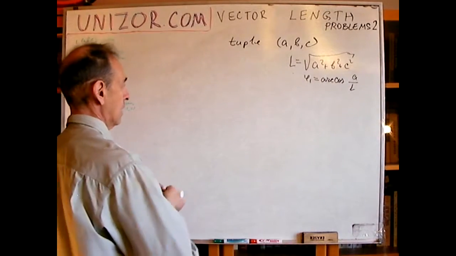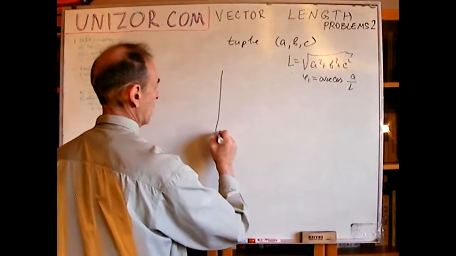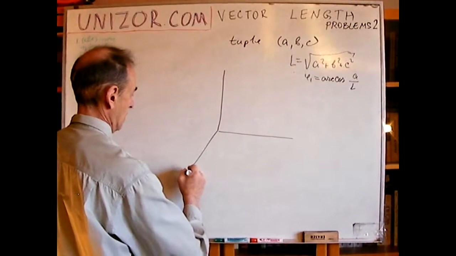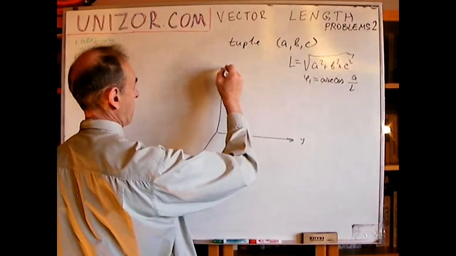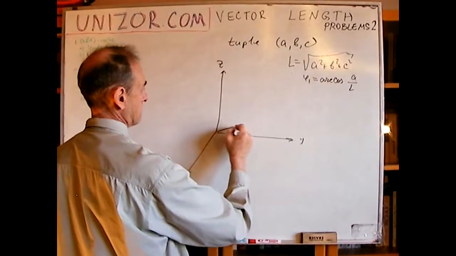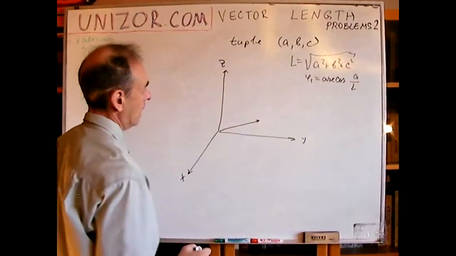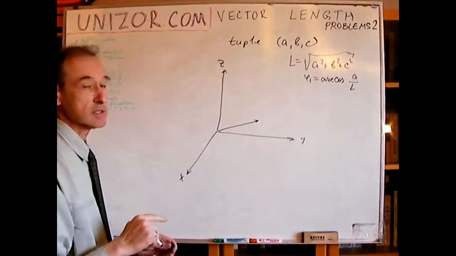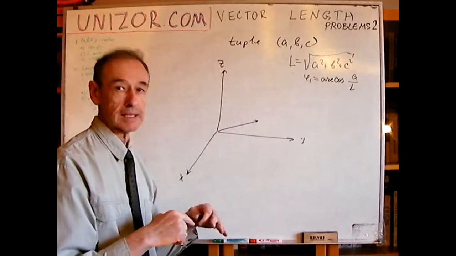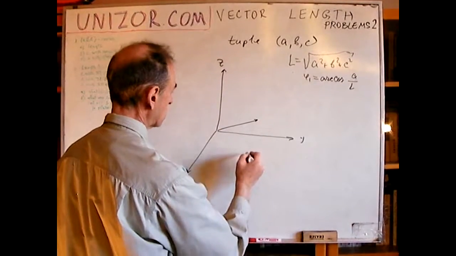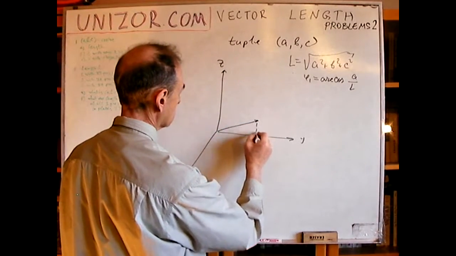Now we need an angle between the vector and its projections not onto the axes, but onto the planes, the coordinate planes. So let's just consider one of them. Okay, this is the one.